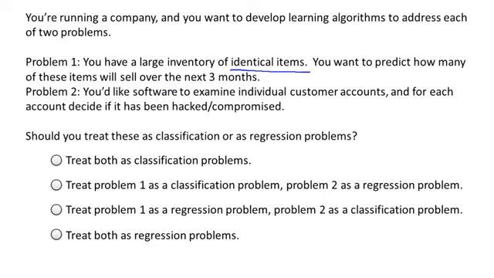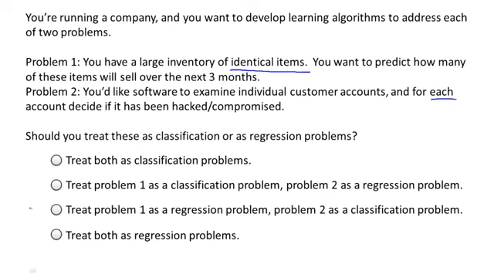In the second problem, you have lots of users and you want to write software to examine each one of your customers' accounts, and for each account, decide whether or not the account has been hacked or compromised. So for each of these problems, should they be treated as a classification problem or as a regression problem? When the video pauses, please use your mouse to select whichever of these 4 options on the left you think is the correct answer.